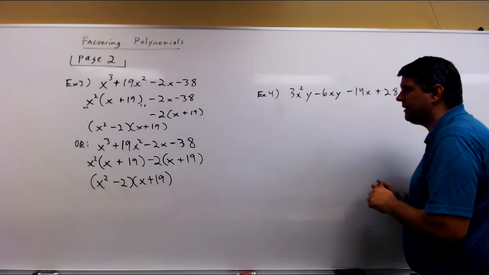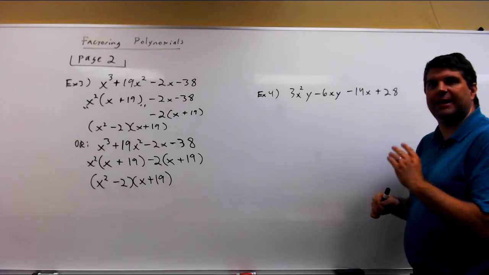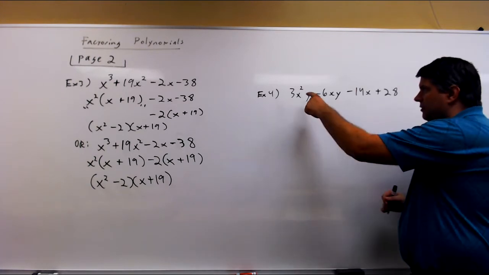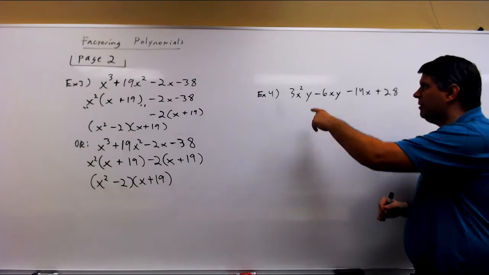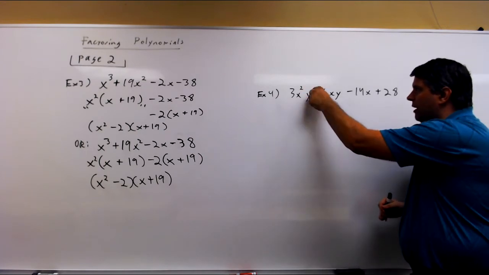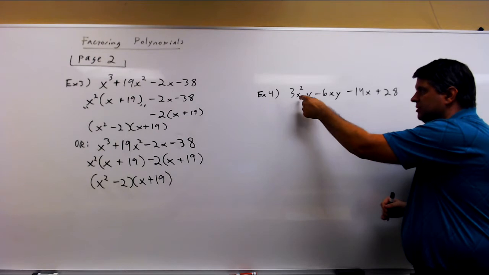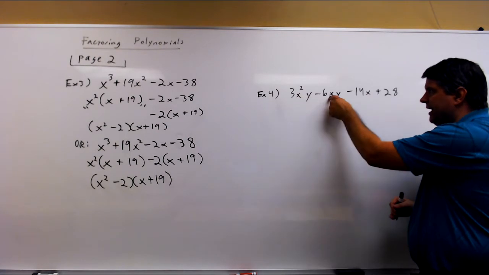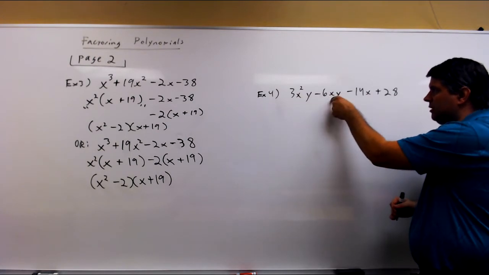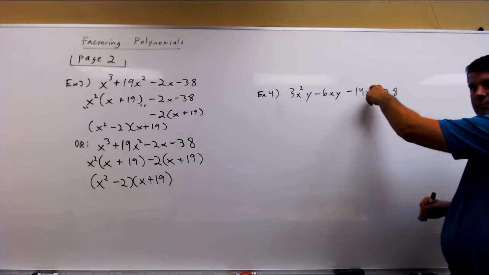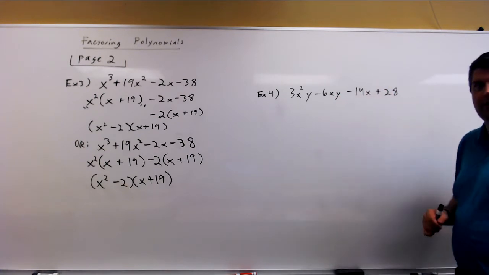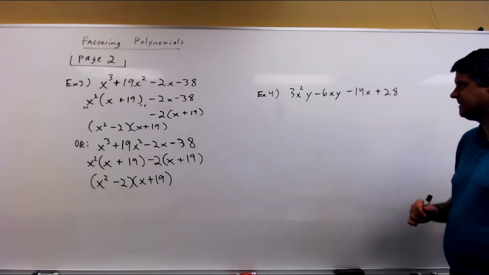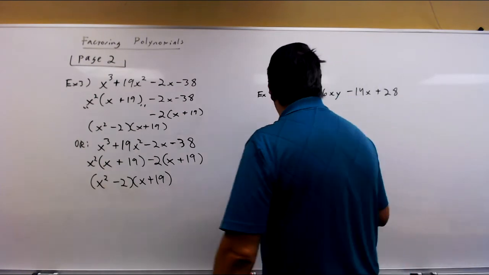So I'm thinking, because this is a multi-termer, I'm thinking degrees. Okay? That's the sum of the exponents in the term. So the degree of this term is 2 plus 1, which is 3. Degree here is 3. Degree here is 2 because of 1 plus 1. Degree here is 1. And this one has a degree of 0 or no degree. So it's in descending order.